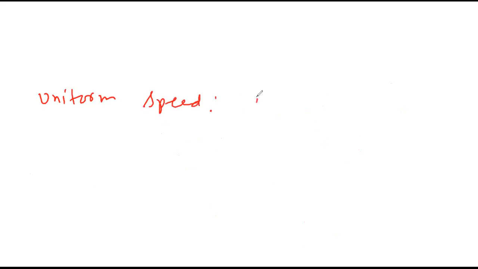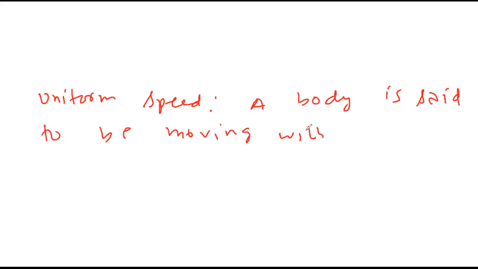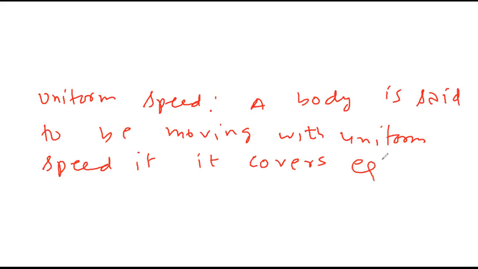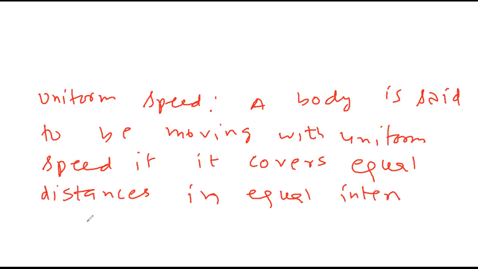Uniform speed. A body is said to be moving with uniform speed if it covers equal distances in equal intervals of time throughout the motion.